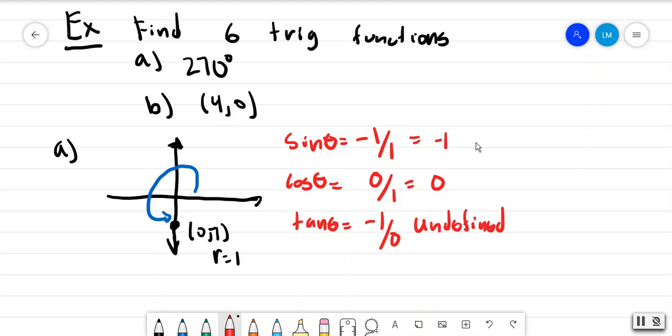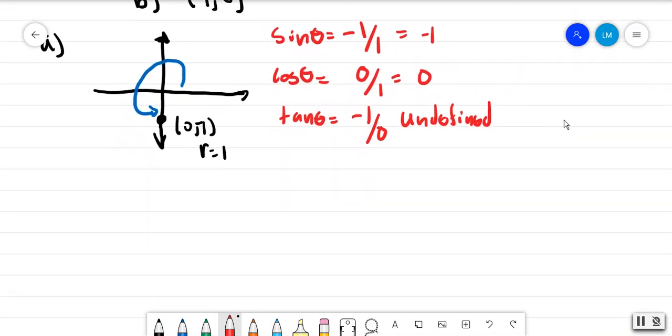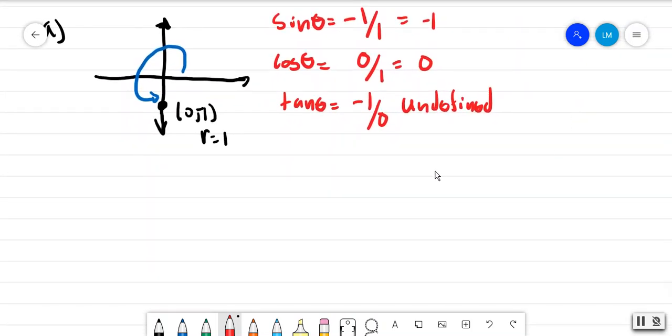Okay, well, we can actually find the remaining trigonometric functions. So cosecant of theta is still going to be negative 1 because you just take the reciprocal. And then for secant, it's going to be 1 over 0, which is actually undefined.